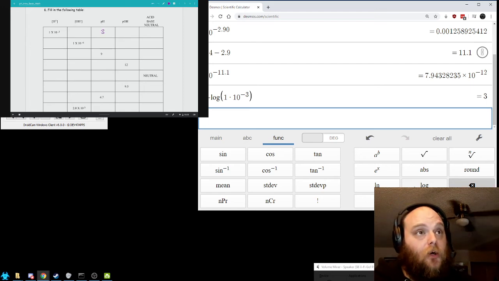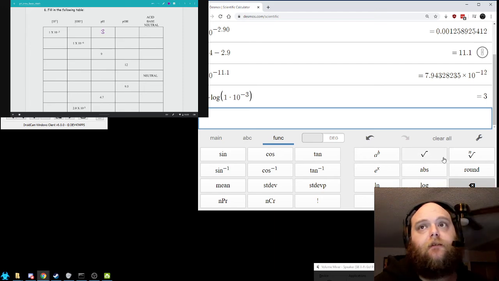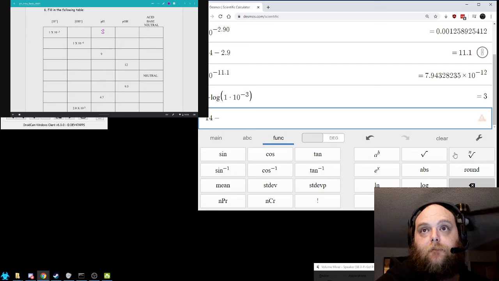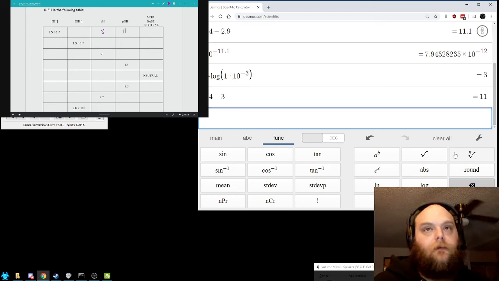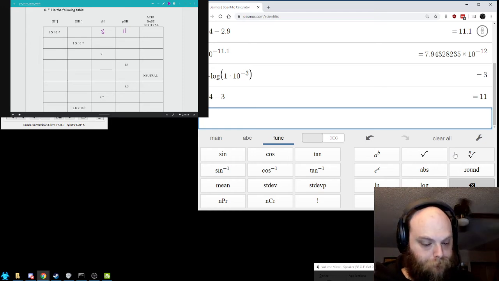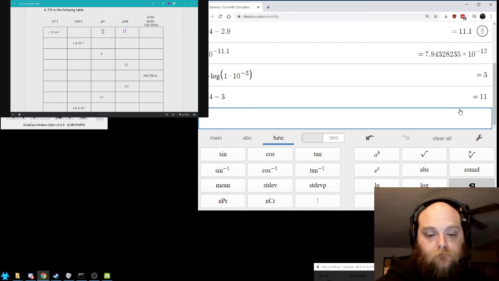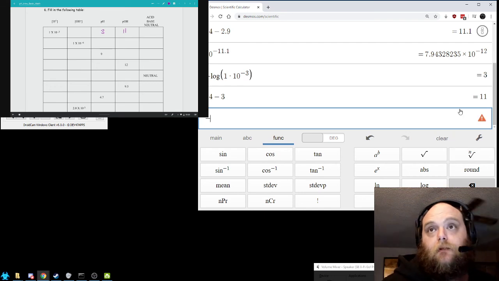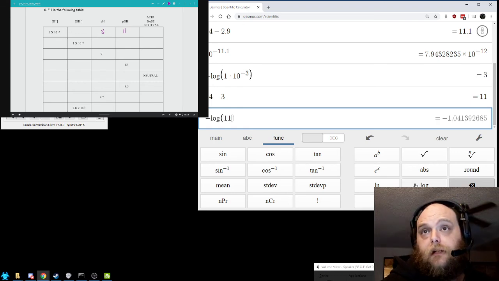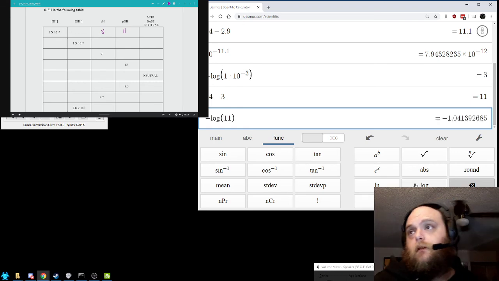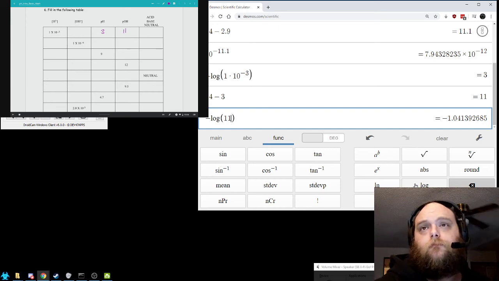Now how do we get pOH? Well, we take 14 minus the pH, 3. So the pOH is 11. And then get the OH minus concentration. Remember that we go ahead and take the negative log of the pOH. So negative log of 11.